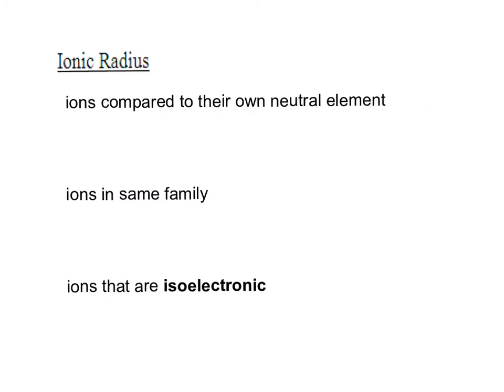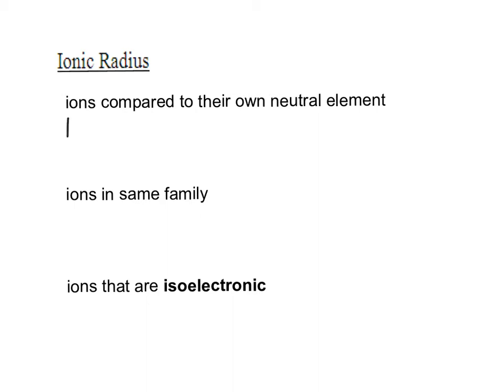Okay, what about ions? There are a lot of different ways we can look at ions. I'm just going to give you some examples, and we'll talk about each individual case, and then we'll do some practice problems for both atomic radius and ionic radius. So what happens to the sizes of atoms or ions as we compare them to their own neutral element?